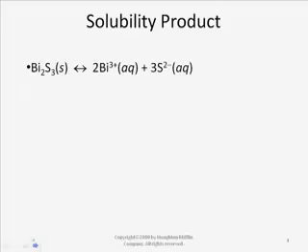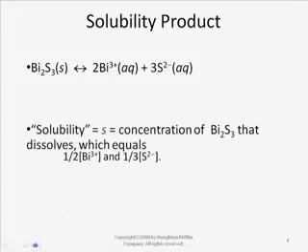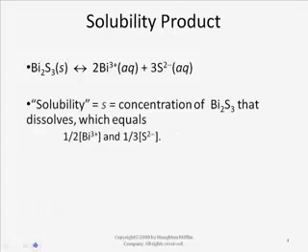Again, here we're looking at bismuth sulfide. The solubility, a new term here, is the concentration of the bismuth sulfide that dissolves. And that's going to equal half of the bismuth ion concentration and a third of the sulfide ion concentration present in the solution.